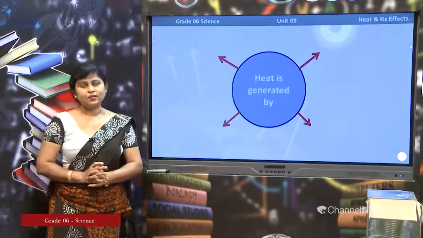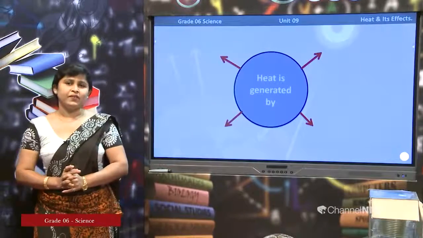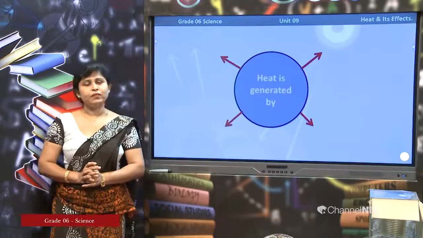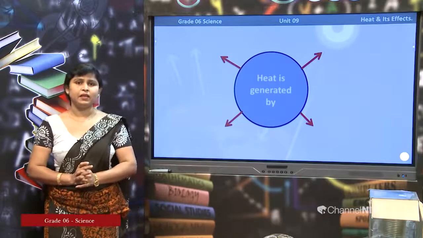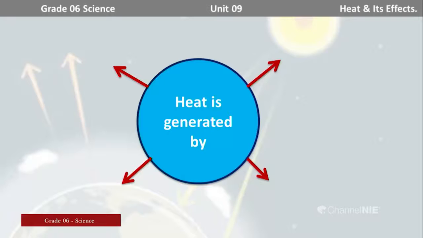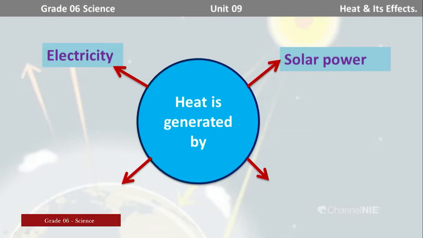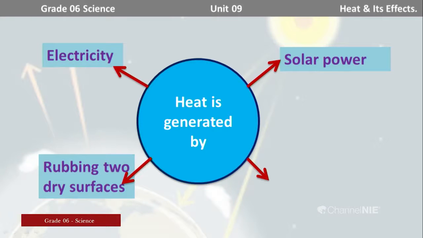Right. Now, we should know the methods of generating the heat. There are different methods that can be used to generate the heat. Let us see them one by one. Heat is generated by electricity. Then it is generated by solar power. Another method of producing heat is rubbing two dry surfaces together.